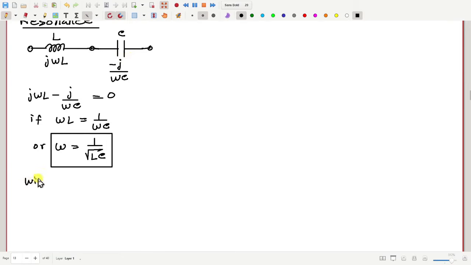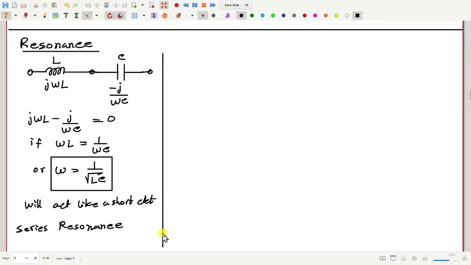This phenomenon is called resonance. This is called series resonance because the inductor and the capacitor are connected in series.